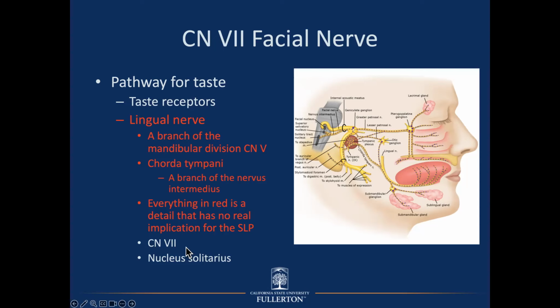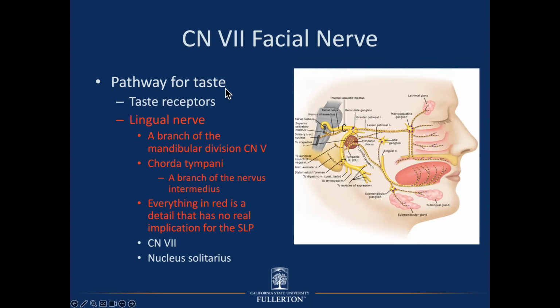Now, what happens is, just to make a long story short, the mandibular division of 5 does carry those neurons for a little distance back toward the brain, and then they kind of cross over and get involved with 7, and then the taste fibers, which are afferent, they're sensory, they end up in the nucleus solitarius. So I've tried to reduce this to this. It's the facial nerve.